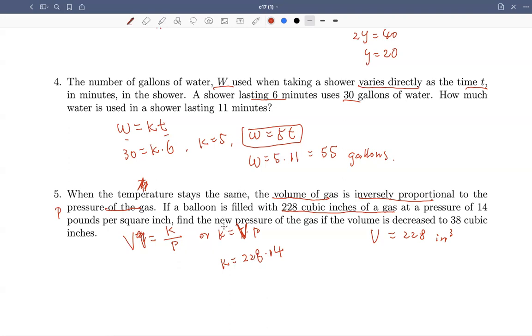So the question is, find the new pressure of the gas, find the P, if the volume is decreased to 38 cubic inches.